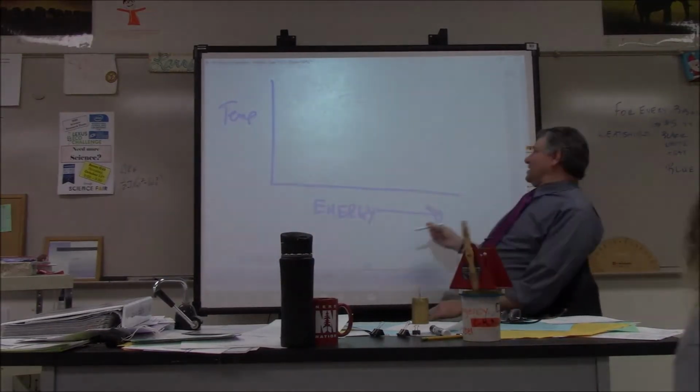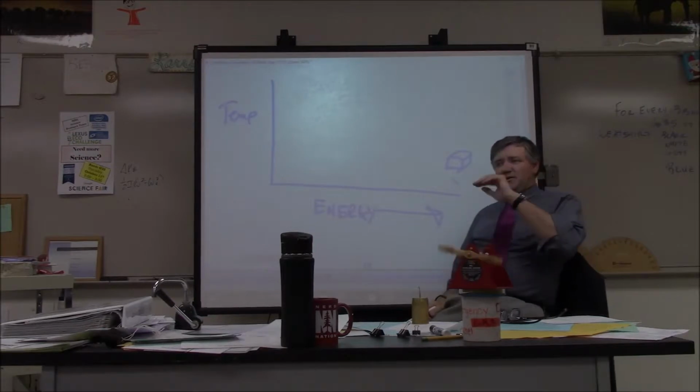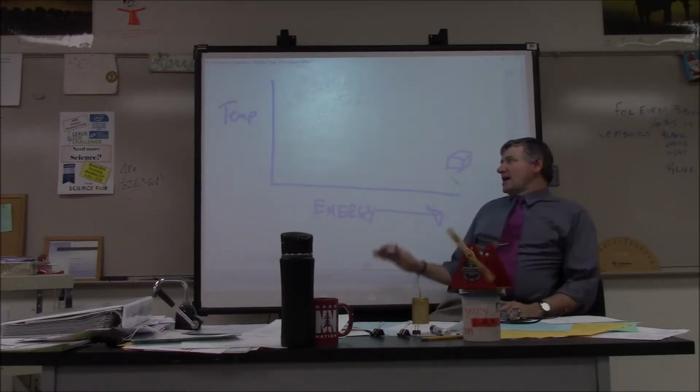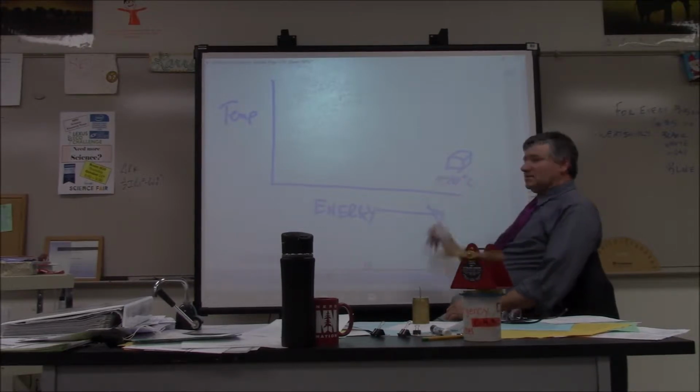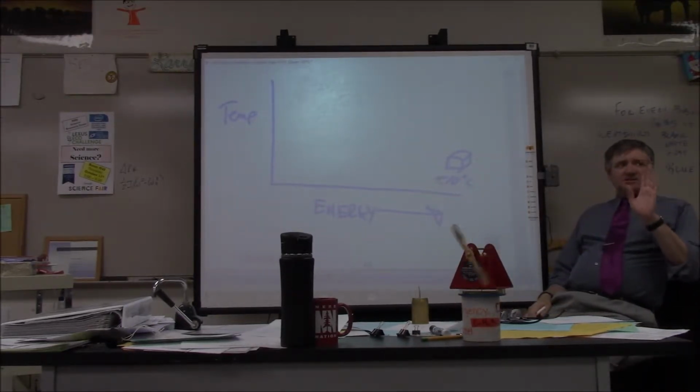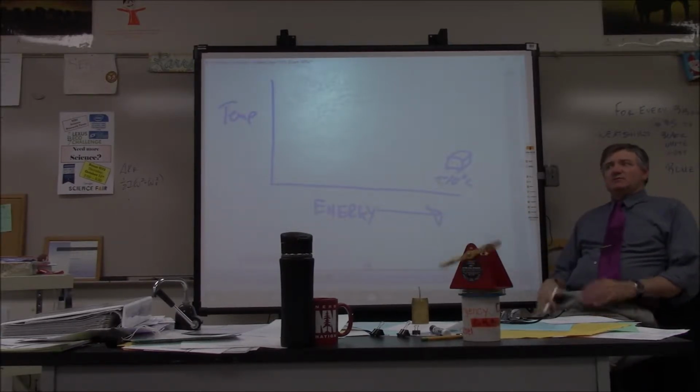But let's say that I gave, as your lab final, Mary a cube of ice. That's it. Mary gets a cube of ice, and that cube of ice is at minus 10 degrees Celsius. That's the temperature of the ice. I bring it out of the freezer, we take the temperature, it's minus 10 degrees Celsius.